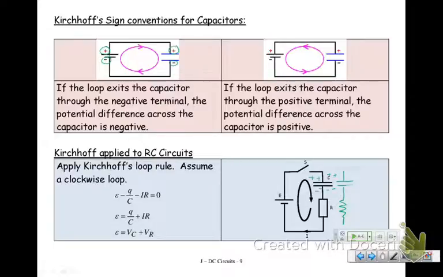If you like, the battery doesn't give you enough energy to climb that hill. So you stop. So it takes time to charge up the capacitor. It's not instantaneous. It takes time.